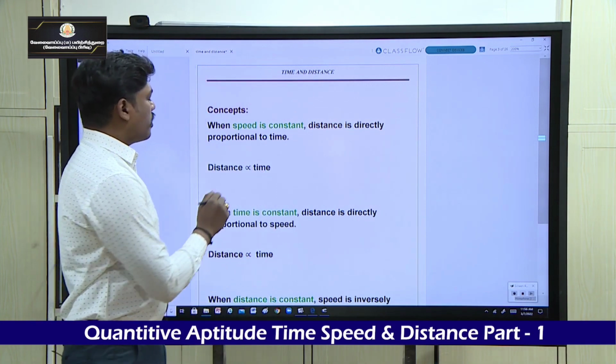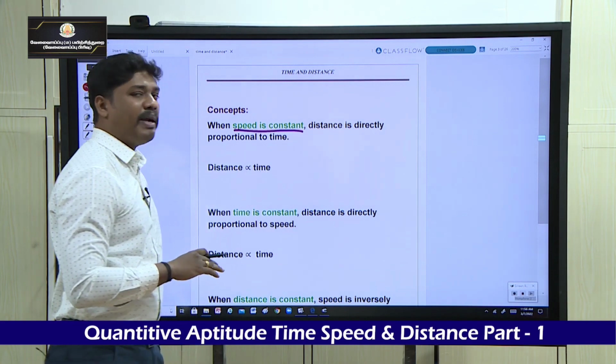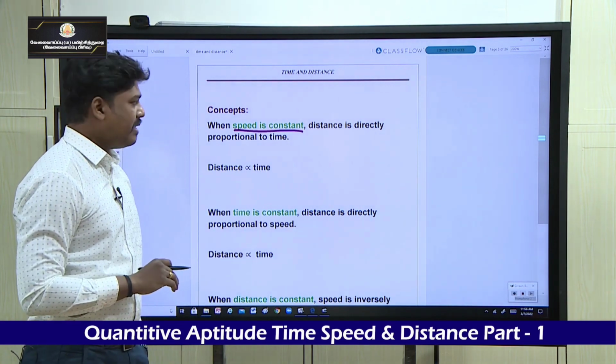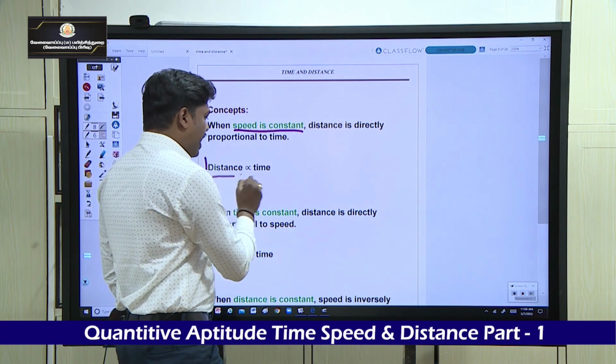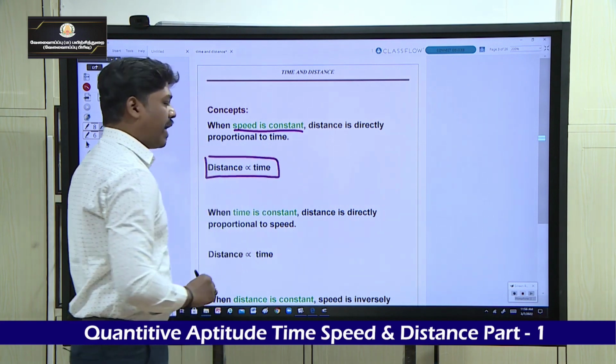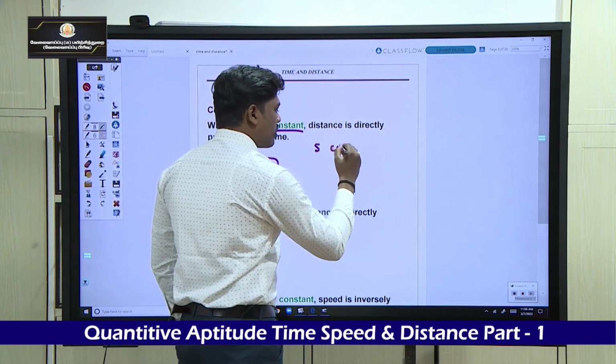So look at the concept. When speed is constant, when speed is the same, the distance is directly proportional to the time taken.